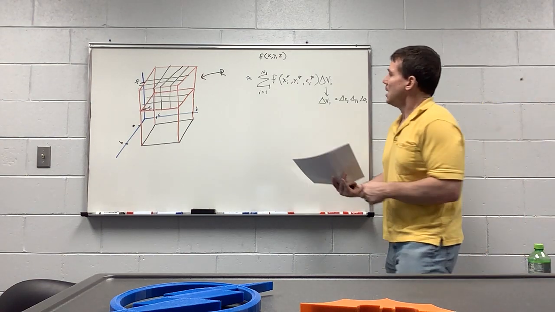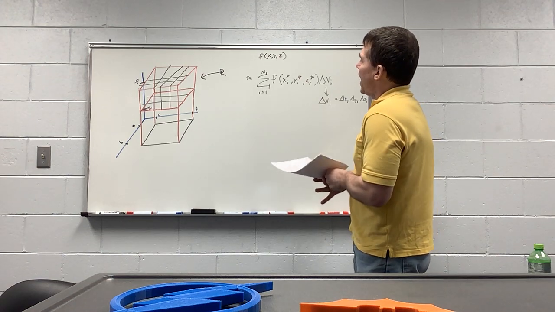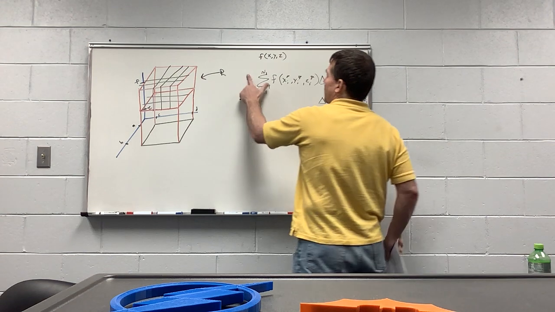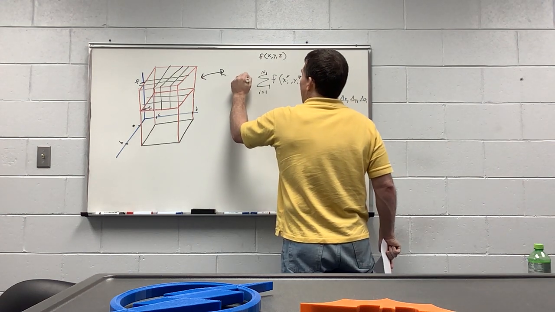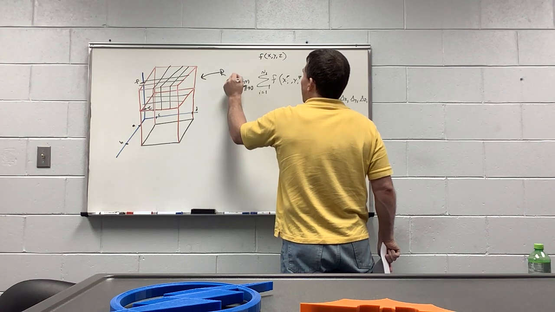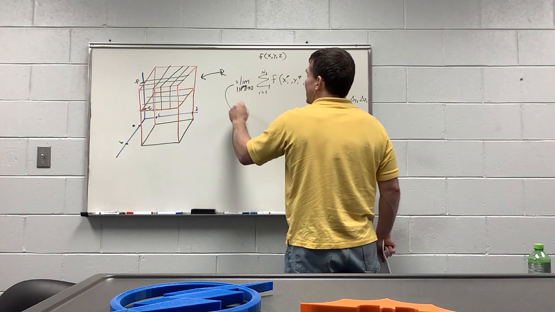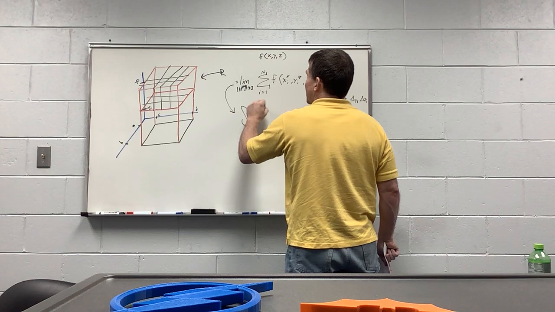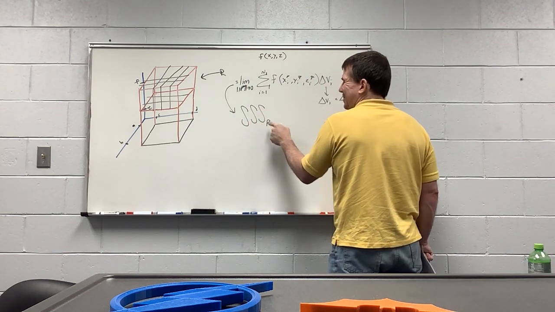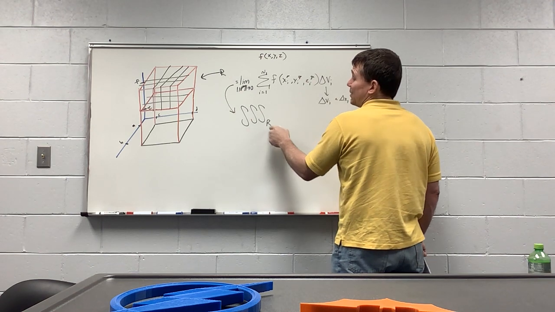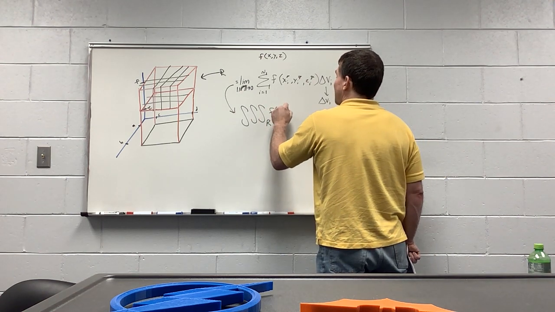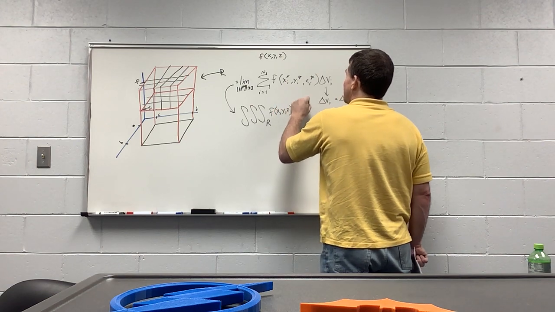But while this will approximate the Riemann sum, how do I make that approximation better? I just take the limit as the magnitude of the partition approaches 0, and then this becomes exact, and it becomes the triple integral that I want. This triple integral, again, we established this is important. This triple integral is over a rectangular region, and it will be just f of x, y, z dV.